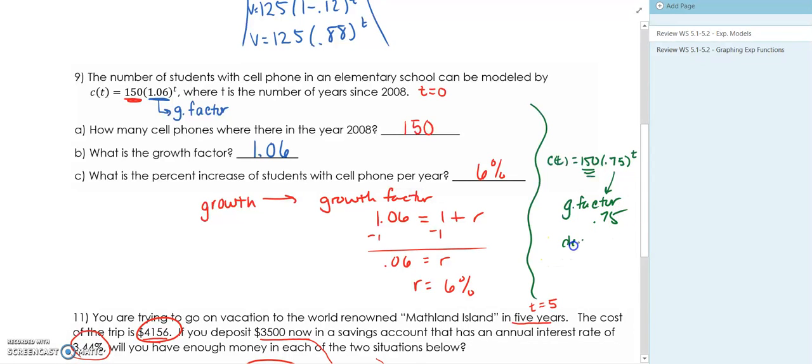So that means we have a decay or a depreciation. So if I want to know the rate, if 0.75 is my factor, it came from 1 minus something. And 1 minus 0.25 is going to give us 0.75. But again, if you want to see the algebra, you're going to get negative 0.25 equals negative r. Remember, we can't have that negative variable, so we make them both positive. So my rate would have been 25%. So that's just if we had to go the opposite way.